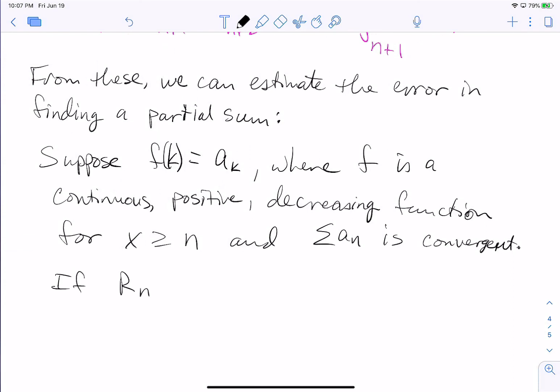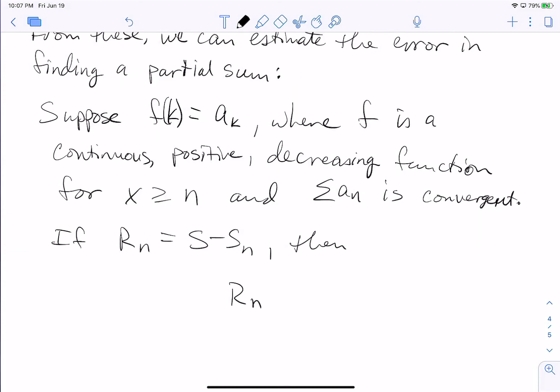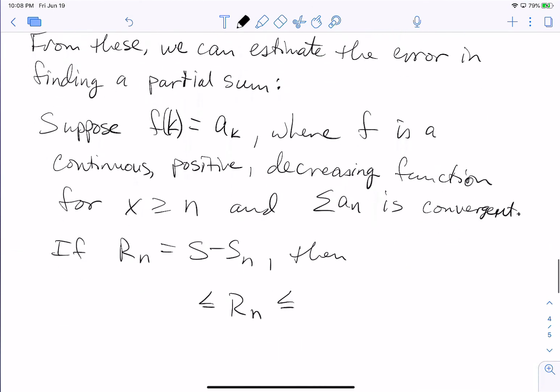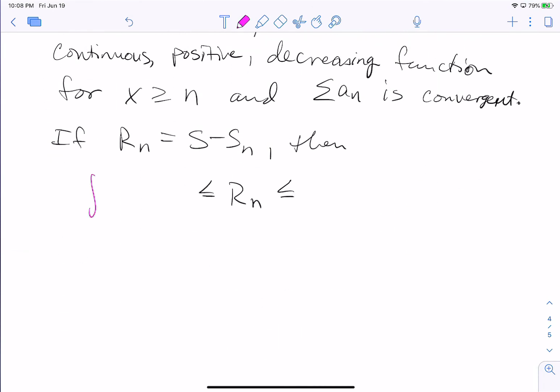If the remainder sub n is equal to s minus s sub n, as we already saw, then that remainder sub n is between the blue integral and the pink integral. In other words, the remainder is bigger than the integral from n plus 1 to infinity of f of x dx, and less than or equal to the integral from n to infinity of f of x dx.